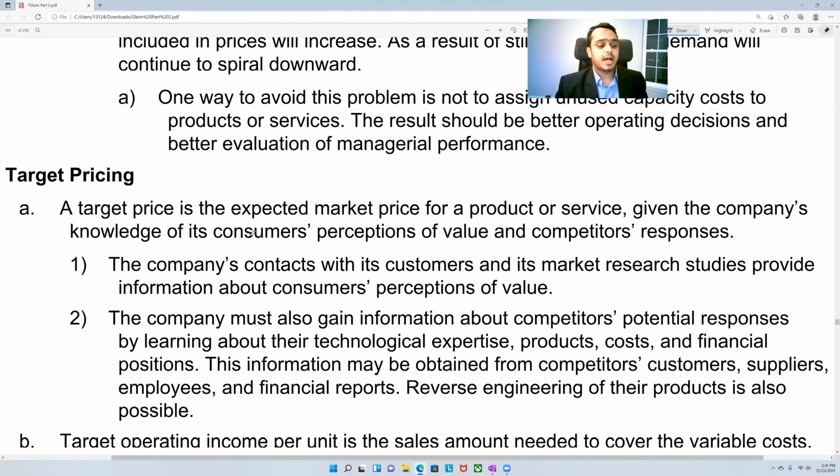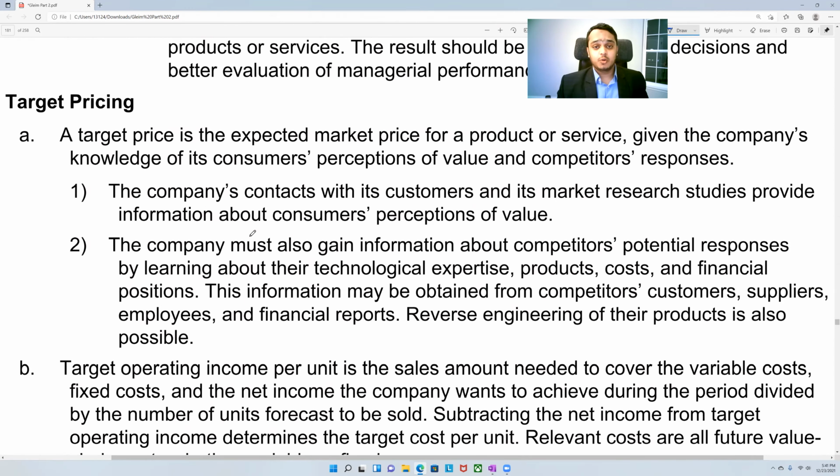Okay. Then target pricing. Target pricing is that you want to bring down your cost. You want to set your selling price at that particular amount, because if you sell at that particular amount, you will be able to sell things. Like if you go to stores, you'll find things for 99 rupees only, $1.99 only, $9.99 only, or 999 rupees only.